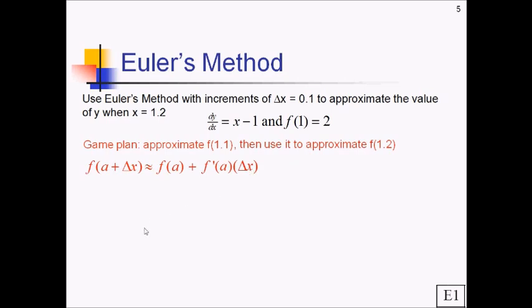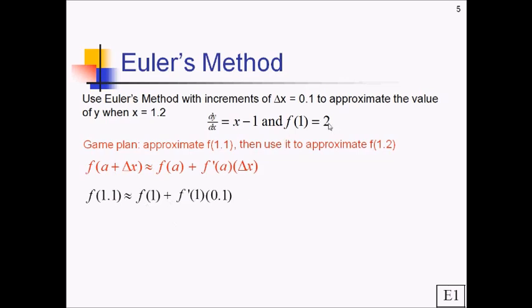All right, so to get f of 1.1, we're going to start by doing f of 1, and we're writing approximately equals here because this is an approximation right away, plus f prime of 1 and delta x, which in this case is going to be 0.1 because they said 0.1. So let's fill in a few values here. F of 1, they actually gave that to us.